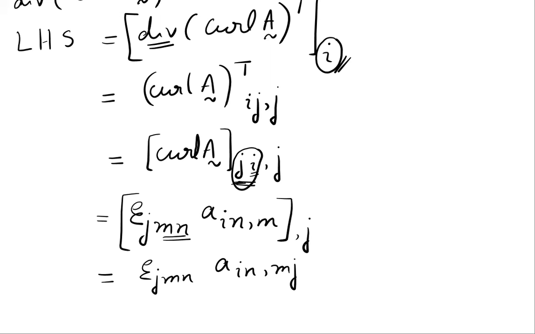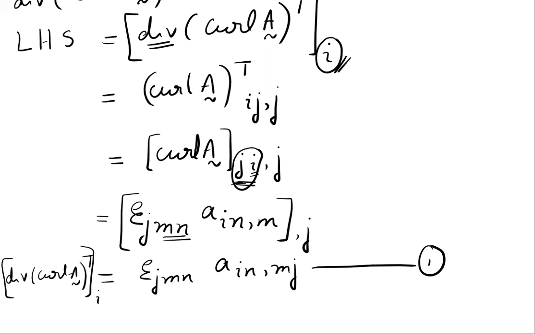Okay, so now we'll call this equation 1. What is our LHS? LHS is nothing but divergence of curl A whole transpose I component. This we'll call equation 1.